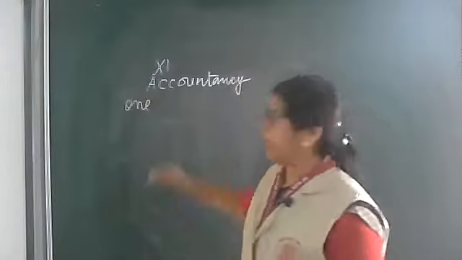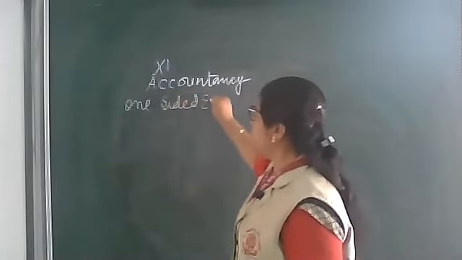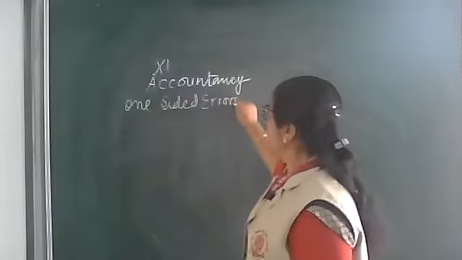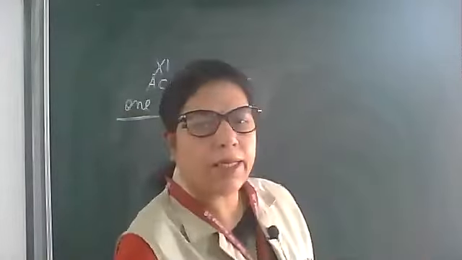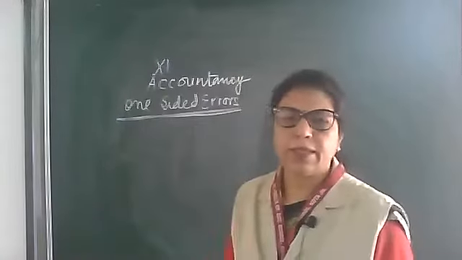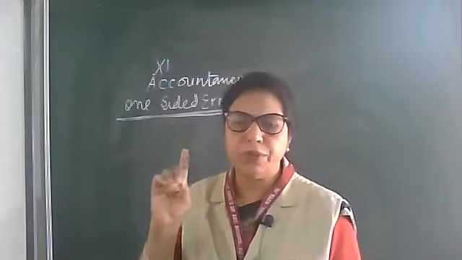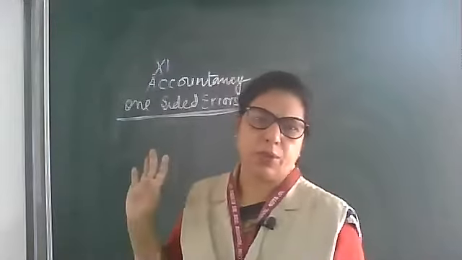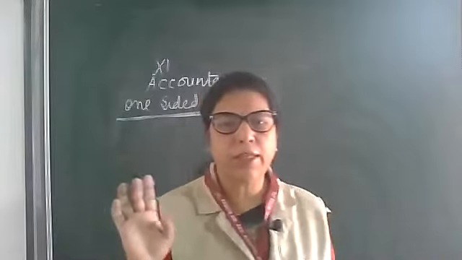So first of all, one-sided error. As I explained to you in the theory part, today's topic is one-sided error, and in one-sided error, be careful. We always use suspense account because the error is in one account only.